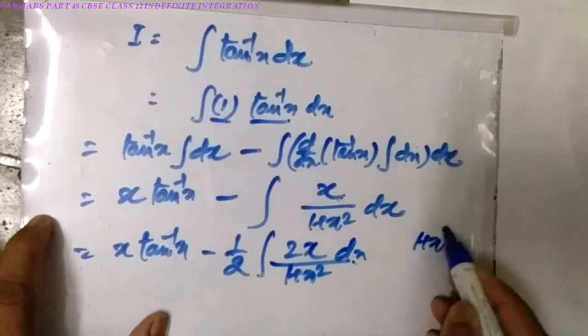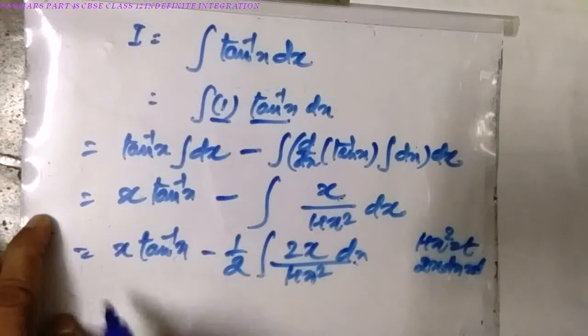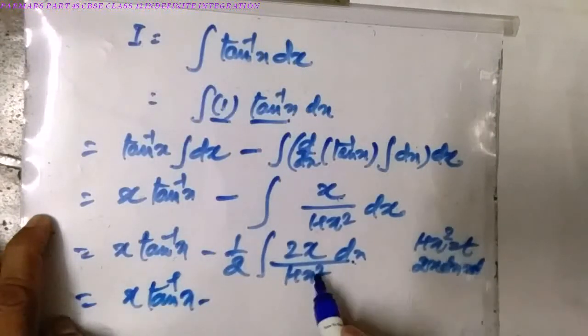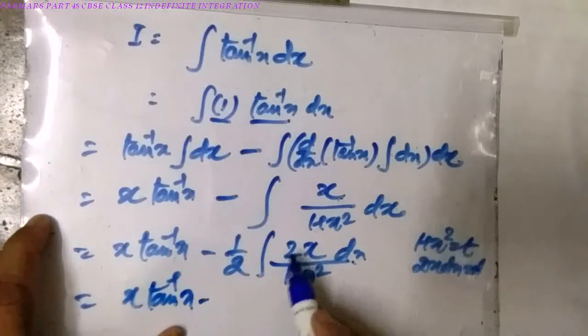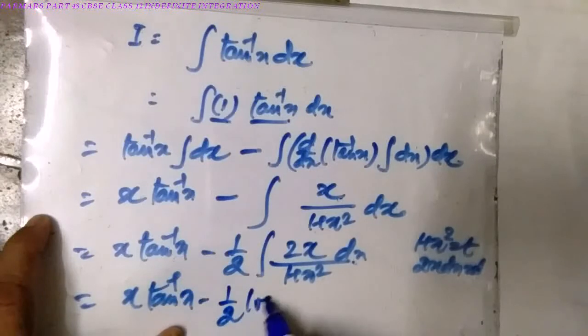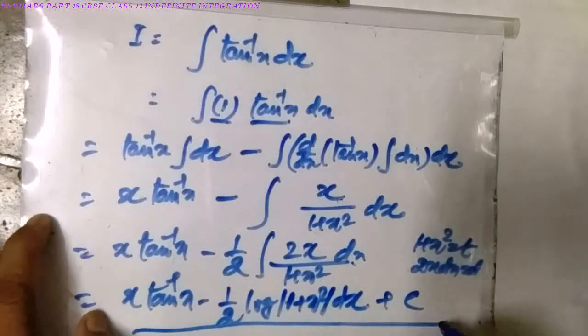If you take 1 plus x square as t, 2x dx is dt. So whenever you find in the denominator a function and its differentiation in the numerator, you can write it is log of 1 plus x square, plus c. This is the answer of the question. Am I right? So this is what I have done, 4 or 5 questions.